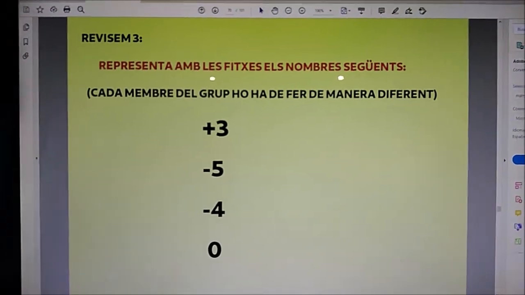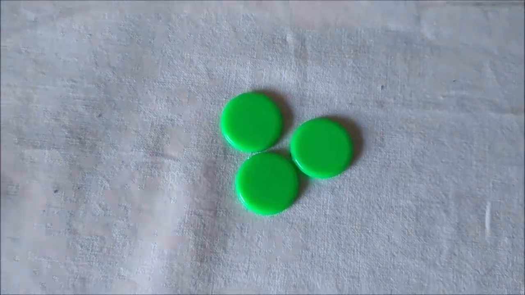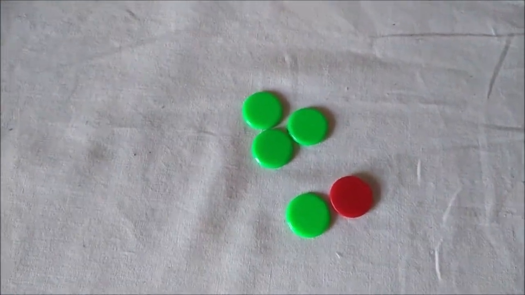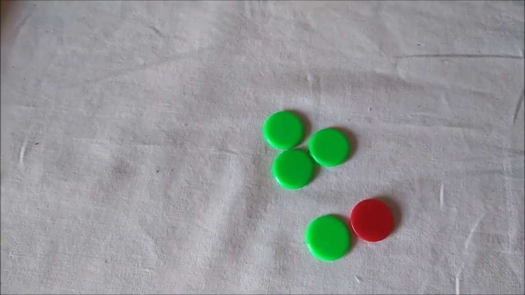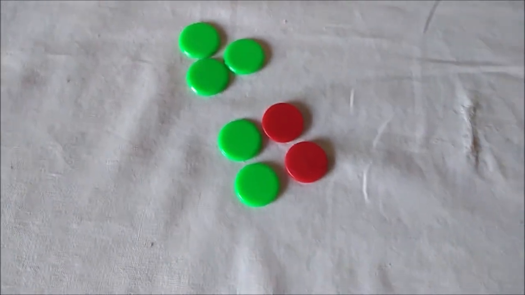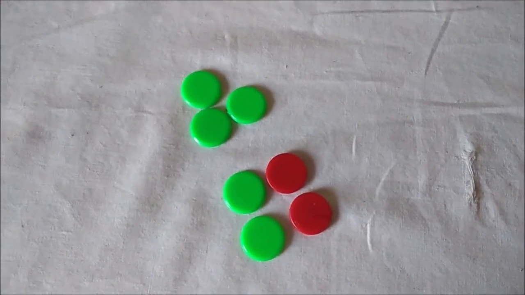How can we represent positive 3? Positive 3 is 3 green chips, but it is also these chips or these chips or other combinations. This is always positive 3.